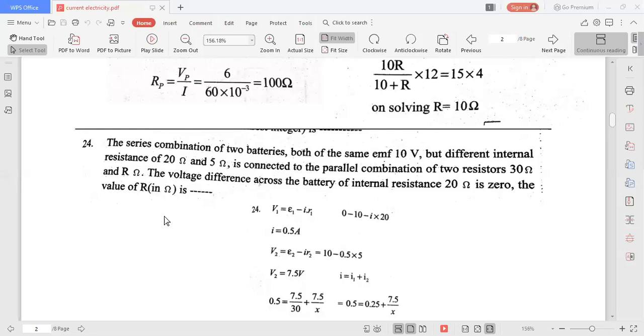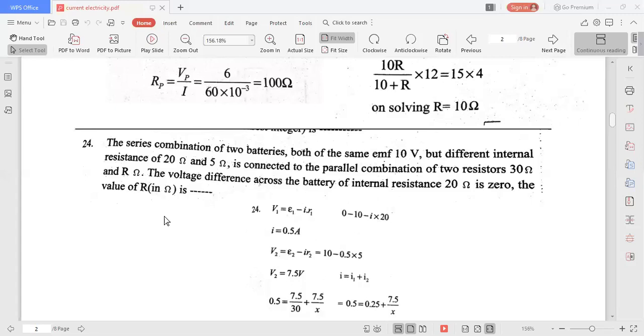This series combination of two batteries is connected across the parallel combination of two resistances, 30 ohm and R ohm, as in the diagram.